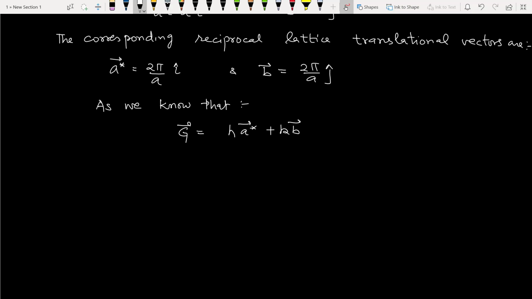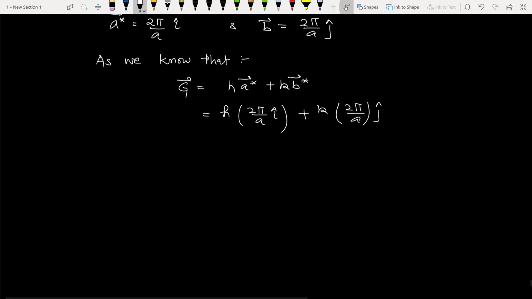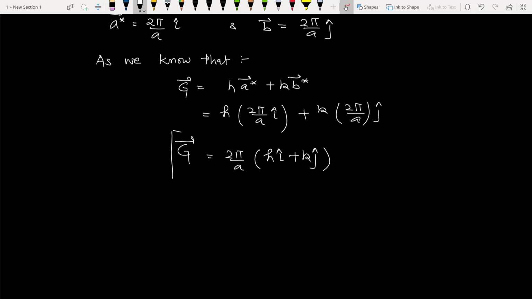It is in two dimensions, so it will be h 2 pi by a i cap plus k 2 pi by a j cap. So it will be 2 pi by a (h i cap plus k j cap). So this is our G vector.